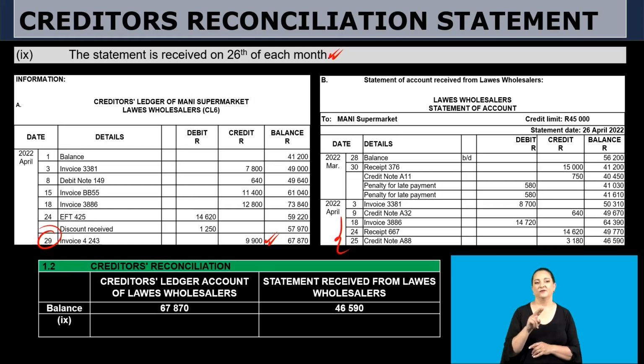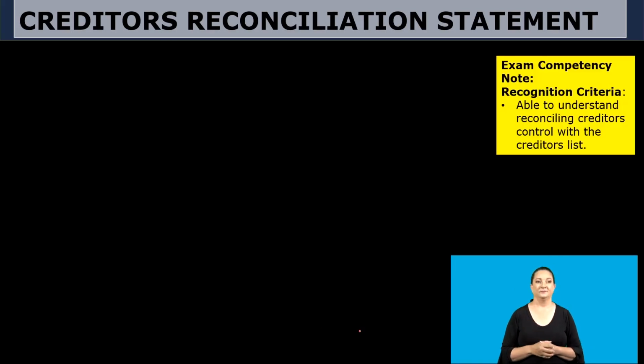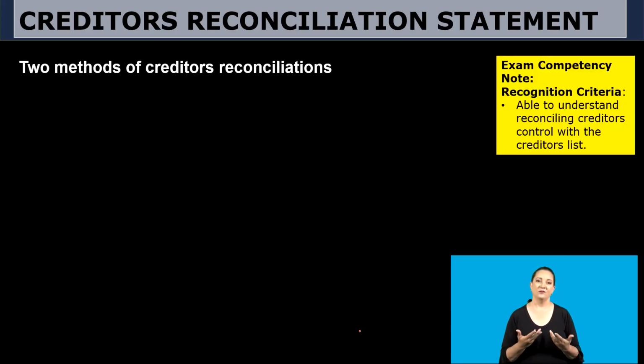So it simply means there are transactions in the ledger which are not on the statement. Now we need to put them on the statement. It's an invoice, which means we have purchased goods, so the sign, remember, is a plus. So I'll say plus 9,900.